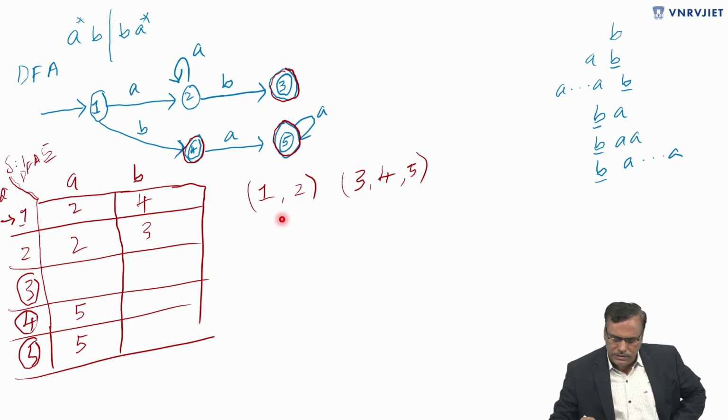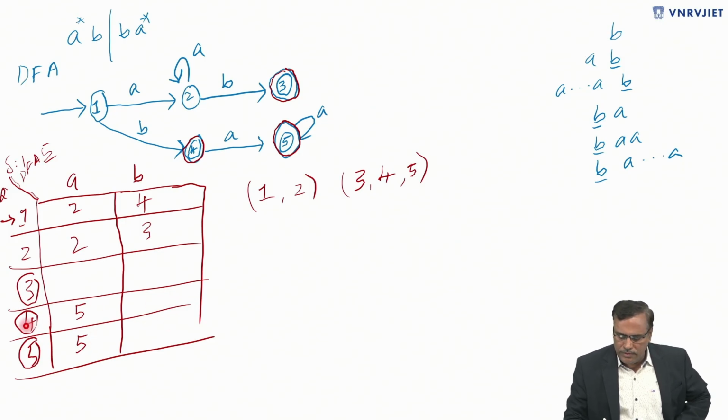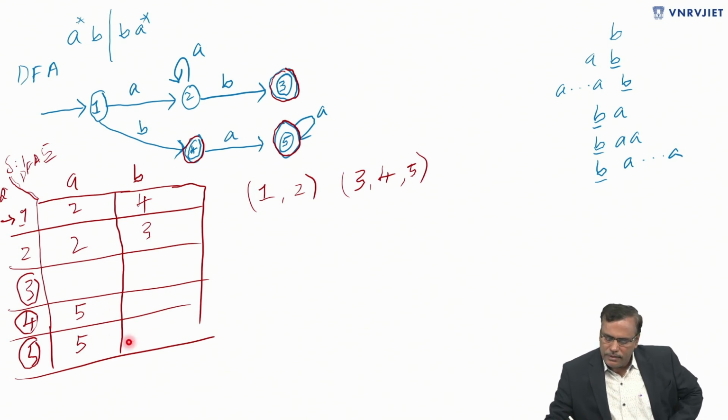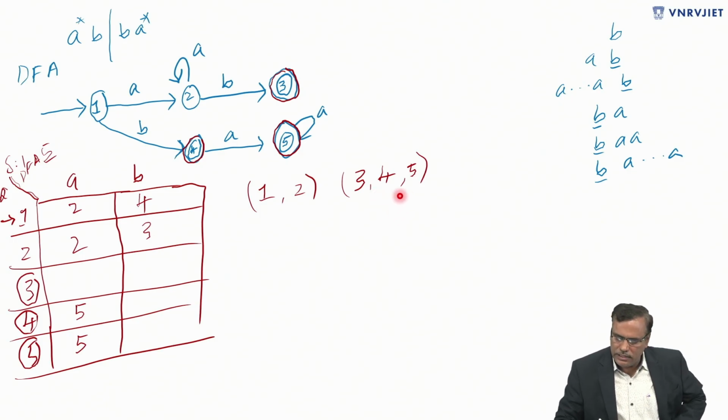And coming to this 3, 4, 5, if you carefully watch 4 and 5, on A they have the same state, that is 5 itself. On B, that is empty. So if you carefully watch the rows of states 4 and 5, they have the same entries for A and B. So I can group 4 and 5 into one and rename it.